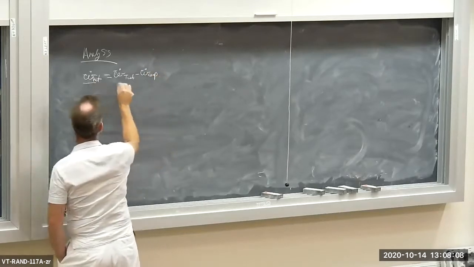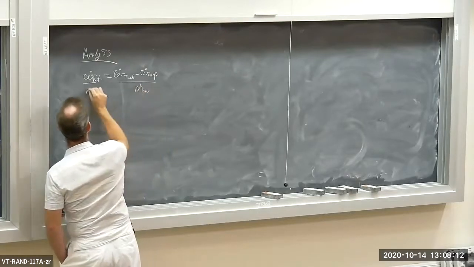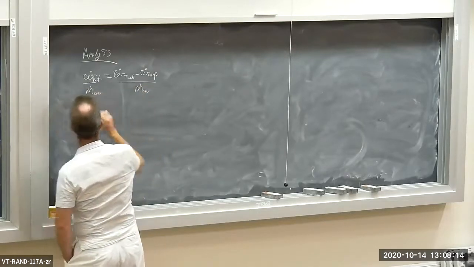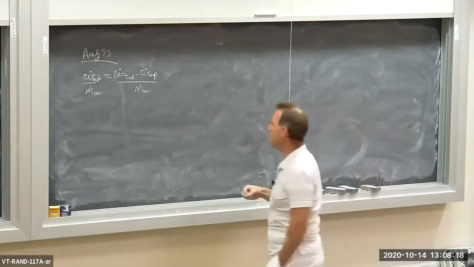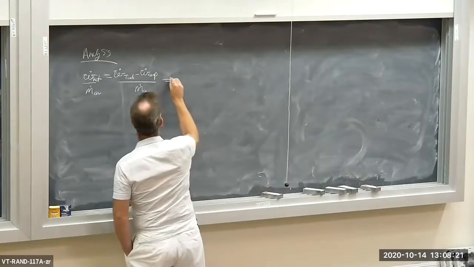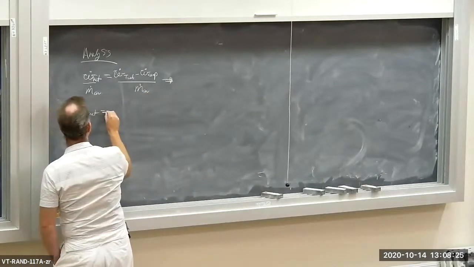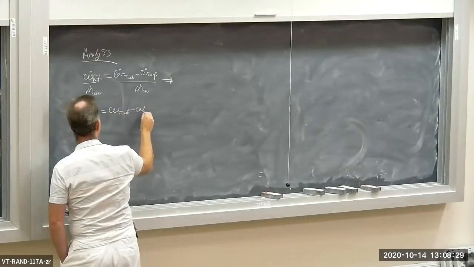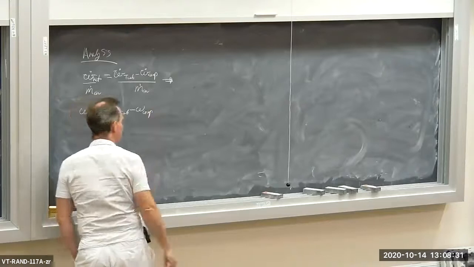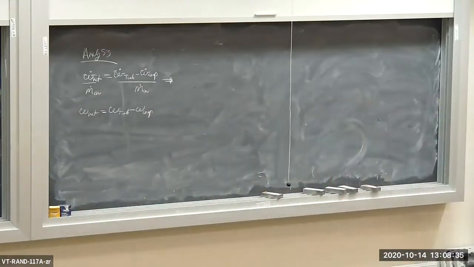Now, if I divide everything by m dot for the air, and we assume m dot for the air is constant throughout the cycle, then I get W net is equal to W of the turbine minus W of the compressor. So I need to find the compressor and turbine specific work, and then I'll have W net.